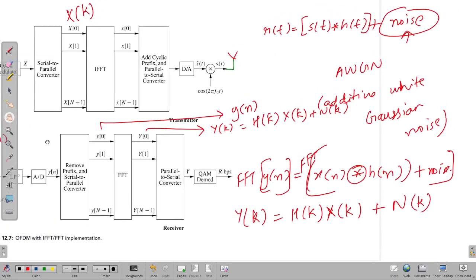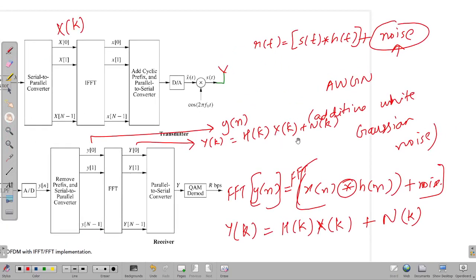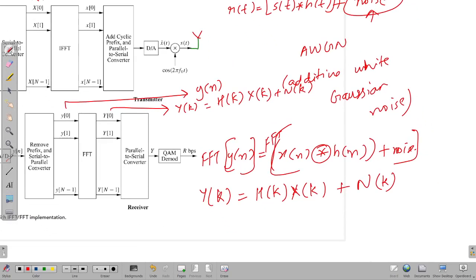So how can you get back x of k? At the receiver you have y of k only. You can see that there are two major factors which affect x of k.